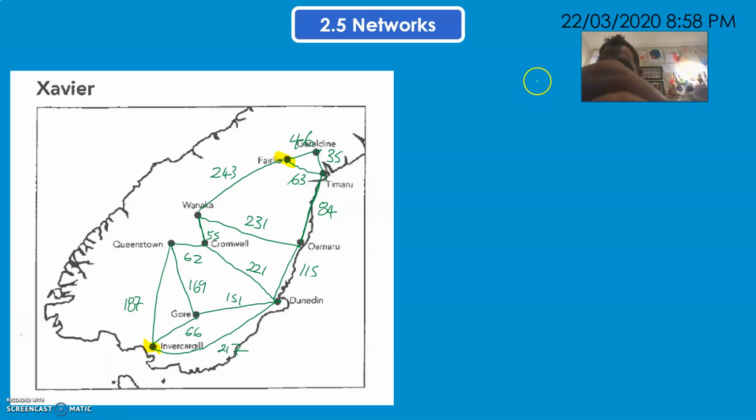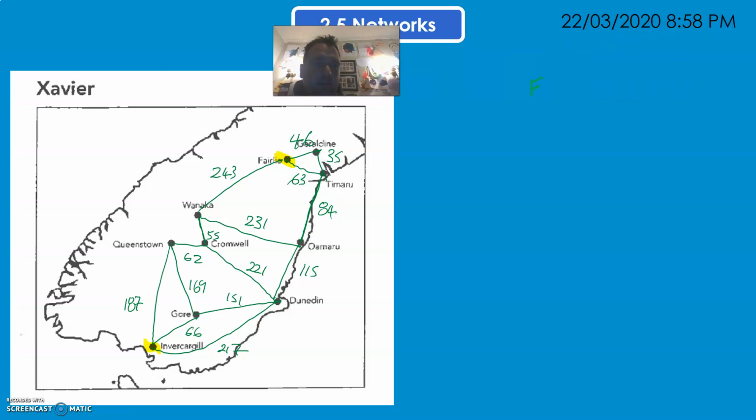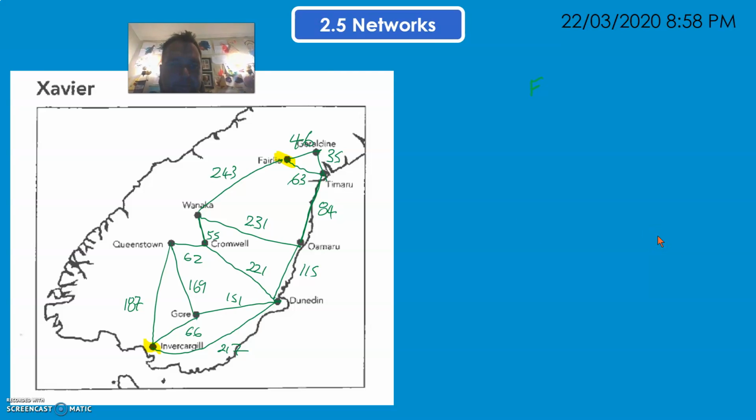So starting off with Fairlie, from Fairlie, I can either go to Timaru, or I can go to Wanaka. If it's Wanaka, it's 243. If it's Timaru, it's 63.